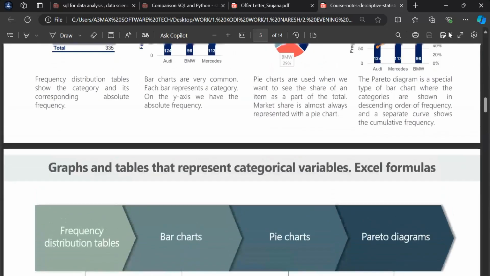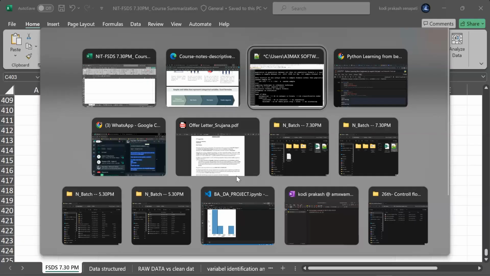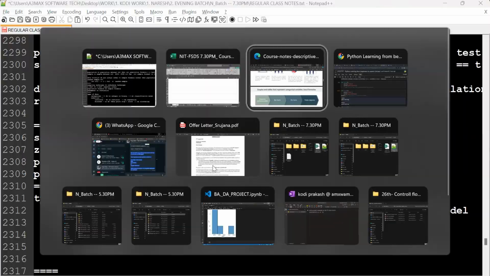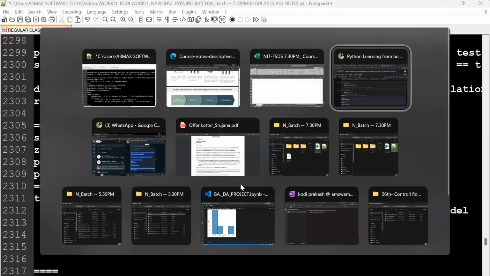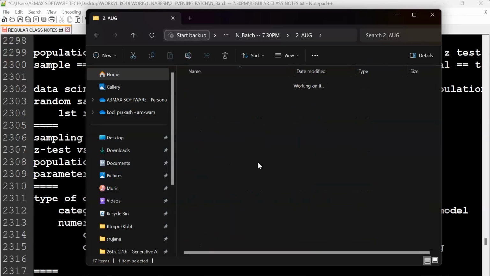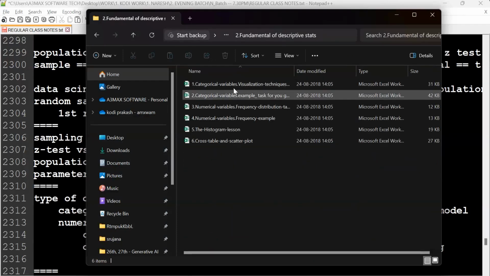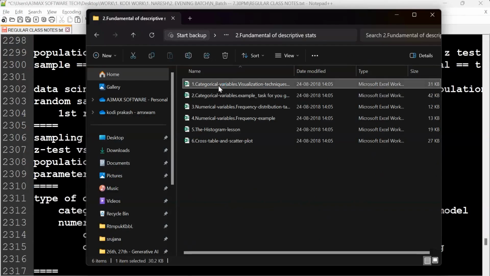I'll try to explain. Just give me some time. I'll take theory sessions. I don't speak much because if I speak fast, you can't understand. Step by step, we'll go ahead and understand. All right. Just go to the folder, August, intro to statistics. Okay. One moment.